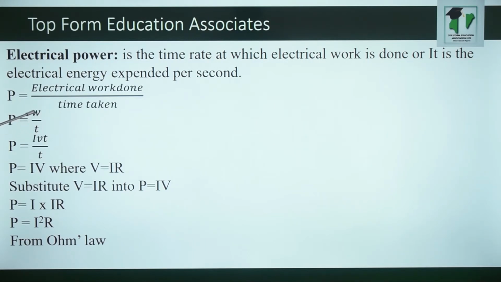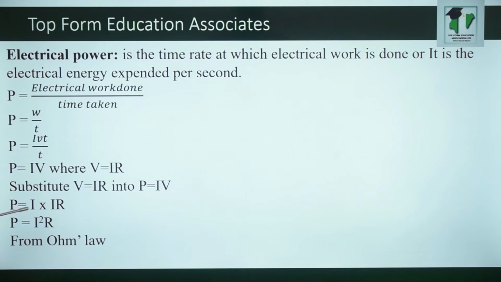So we have P is equal to W over T. But from our first formula, we got that work done is equal to IVT over T. So if we cancel out here, T will cancel out against T. P, meaning electrical power, is equal to IV, where V itself from Ohm's law is equal to IR. Now if you substitute V equal to IR into P equal to IV, what do you have?